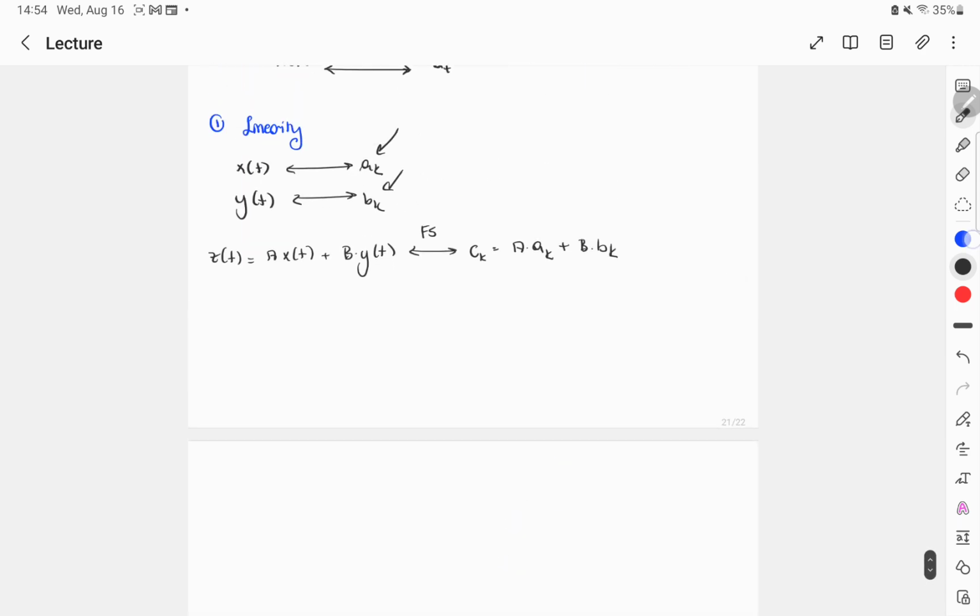Let's move on to the second property, which is time shifting.